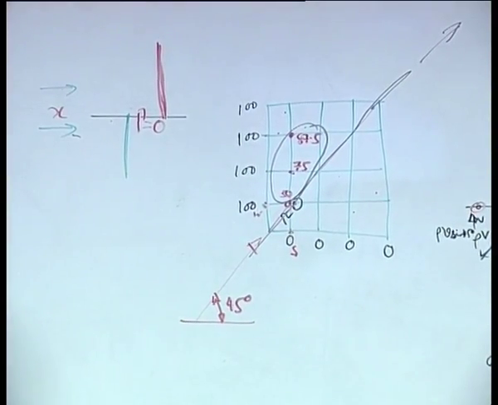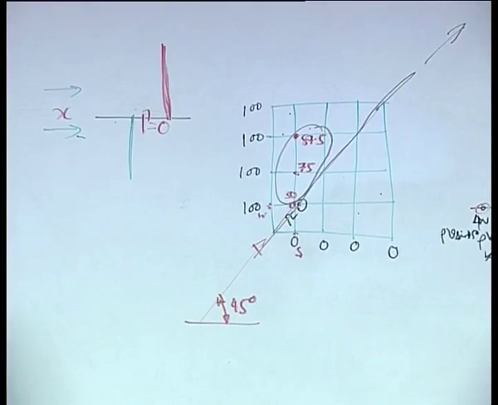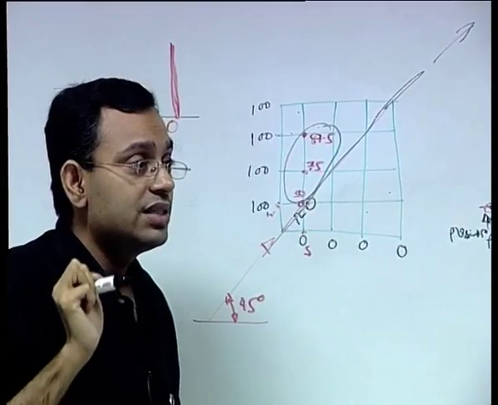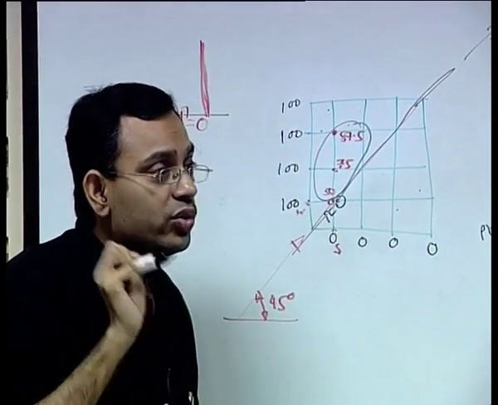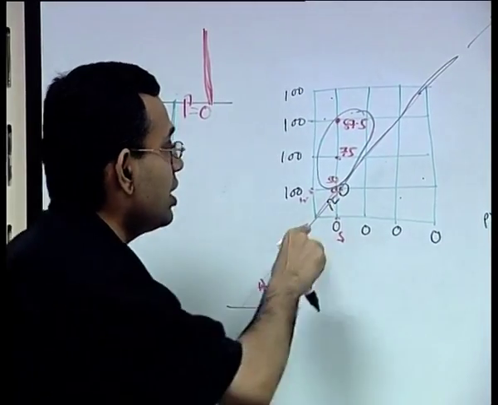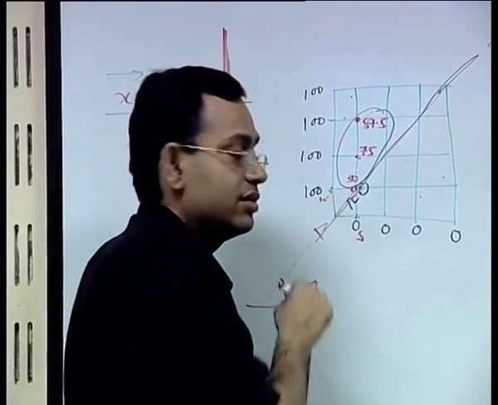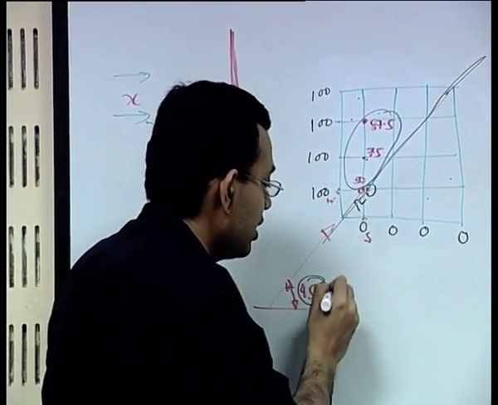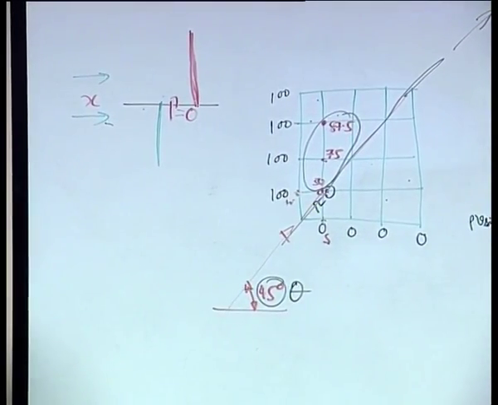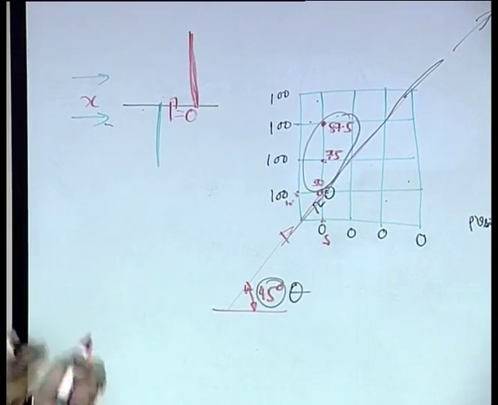What can we infer out of this? This false diffusion can be attributed not to the particular scheme as such, but to the misorientation of the grid lines with the flow direction. So this angle theta is the contributor to the false diffusion.